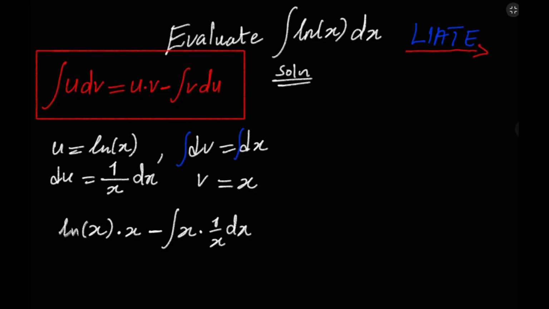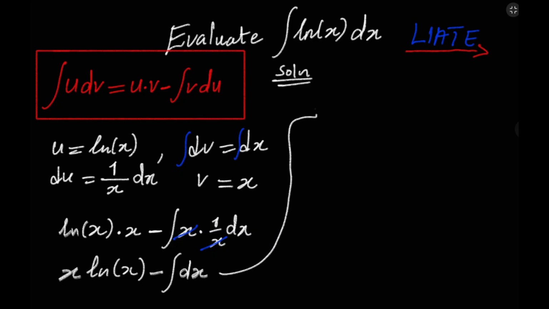And from here, by the way, ln x multiplied by x is the same as x multiplied by ln x, because multiplication is commutative, we can just put it behind, x multiplied by ln x. Then we subtract from that the integral of, well, this x and this x will cancel out, so we are only remaining with the integral of dx.